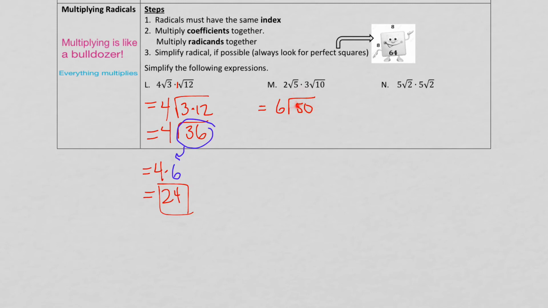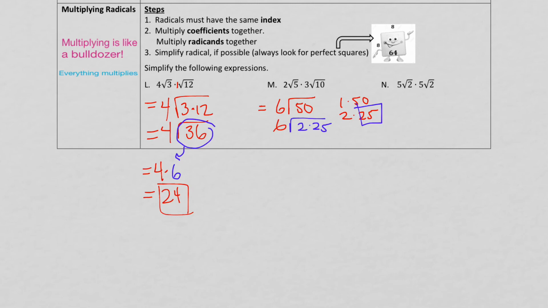So think about 50. 50 is 1 times 50, but it's also 2 times 25. And hopefully at this point we're getting better. 25 is a perfect square. So I can simplify this down a little bit more. I'm going to write this as the square root of 2 times 25. Remember, this is only the square root of 50, so this 6 is still here on the outside.